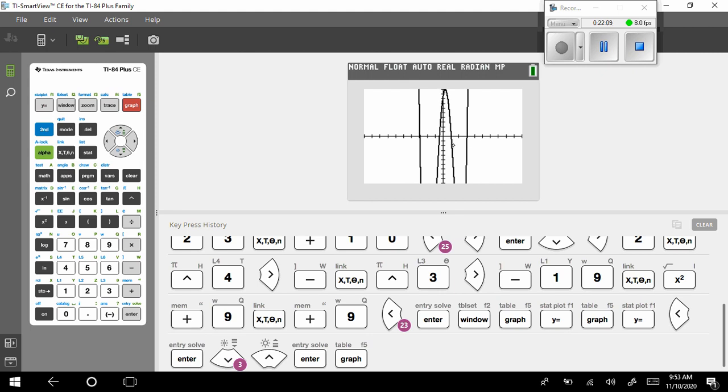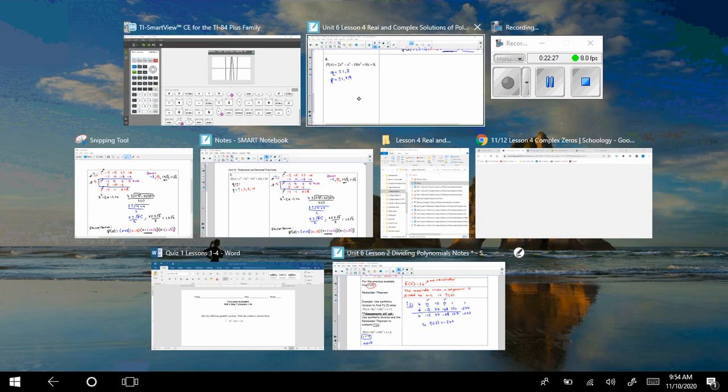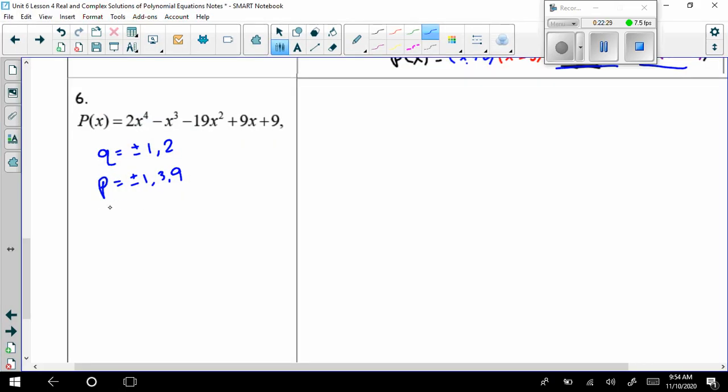I can see that it crosses at 1. It looks like it also crosses at 3. And it looks like it crosses somewhere between 0 and -1.